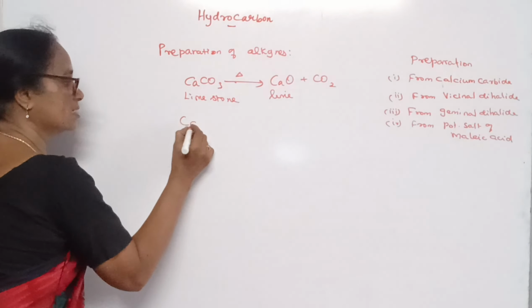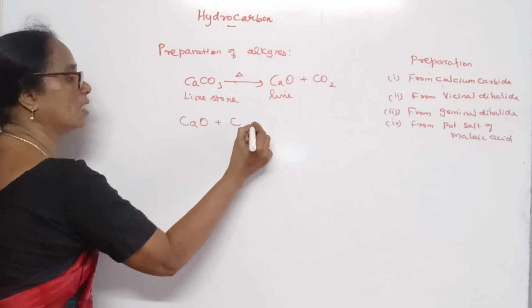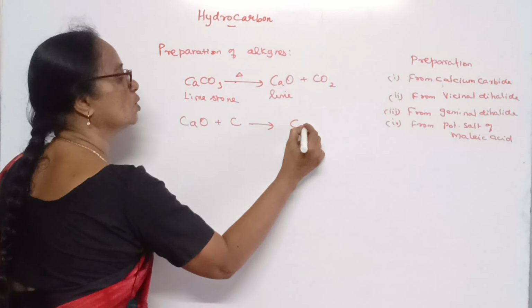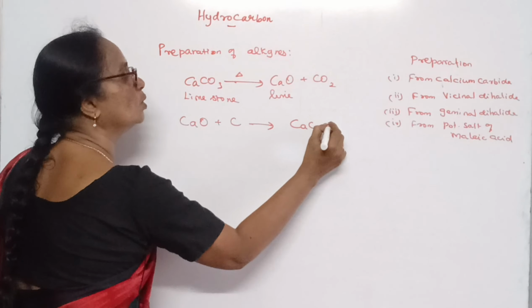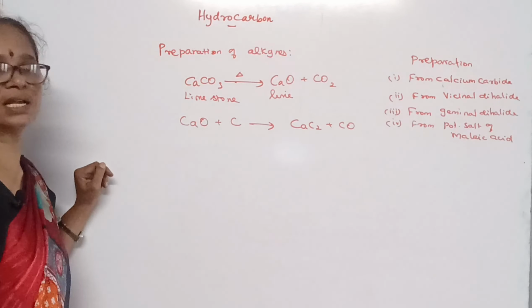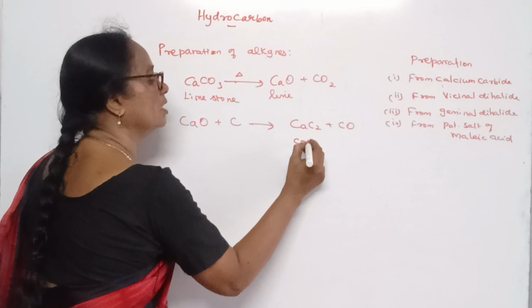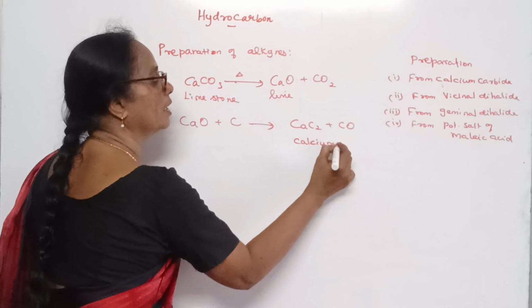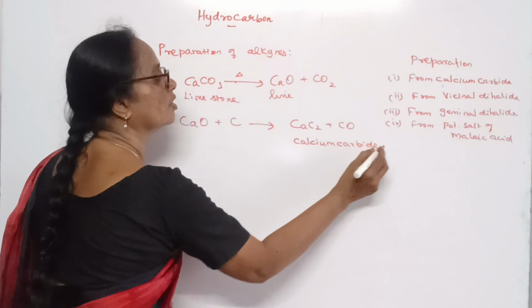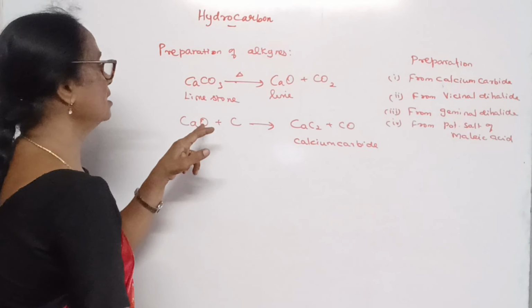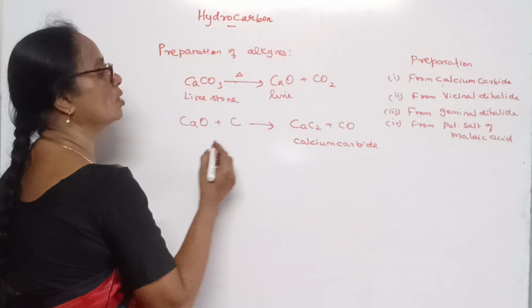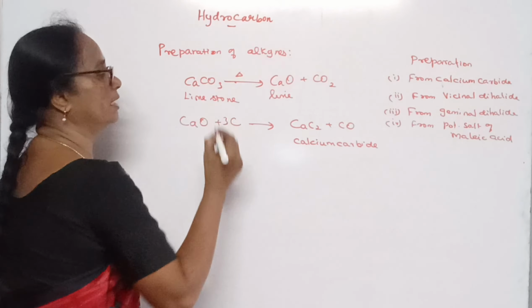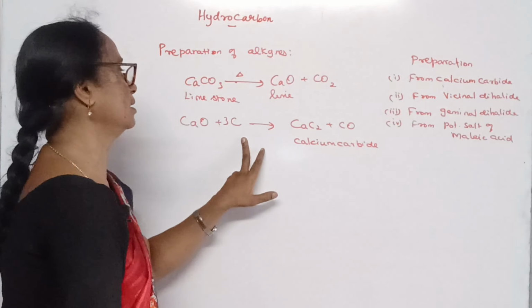When it is further heated with carbon, it gives rise to CaC2 and carbon monoxide. This CaC2 is called calcium carbide. So we can balance the reaction. For oxygen, here we have 2 carbons and 1 more carbon, so let us take 3 carbons in the reactant.